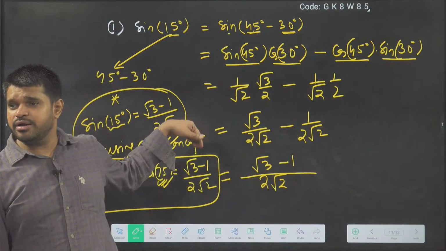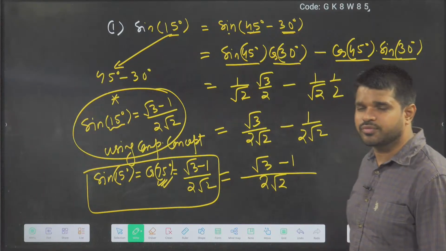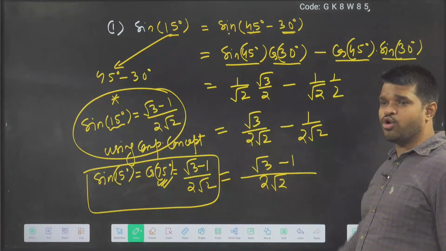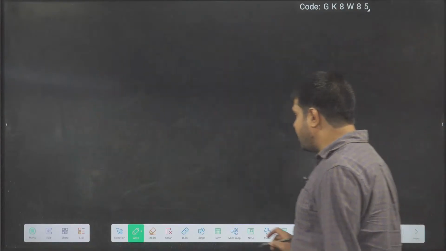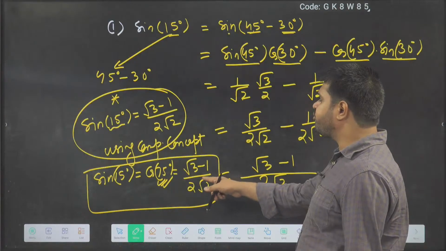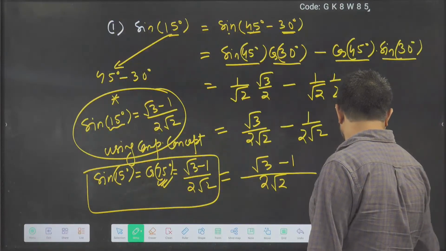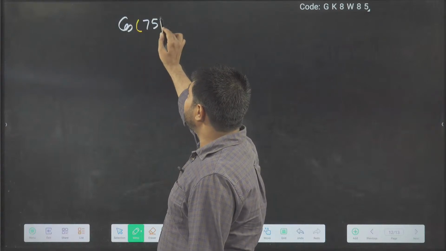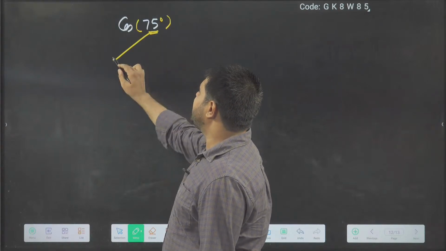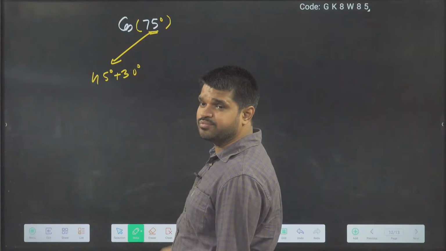First of all, copy it. Okay, I hope you have completed. Now we will find cos 75. Let's see how. Cos 75 degree: 75 can be written as 45 degree plus 30 degree.